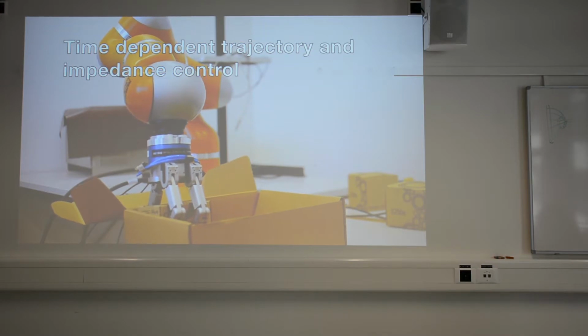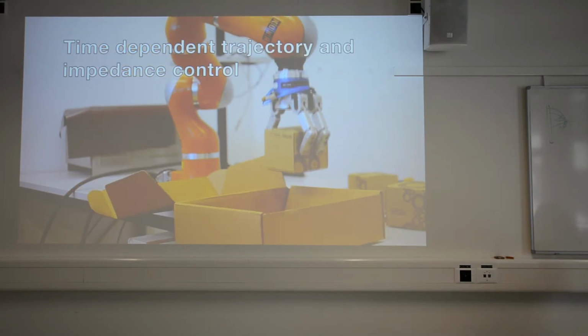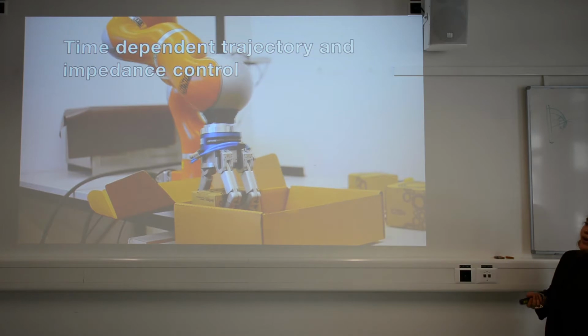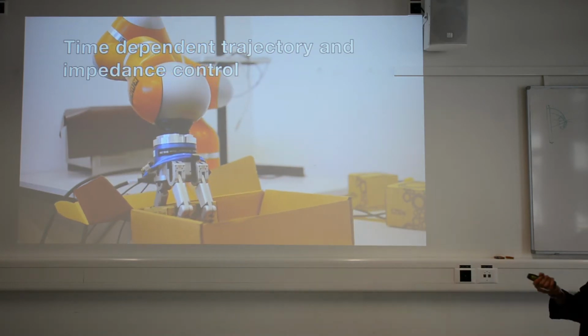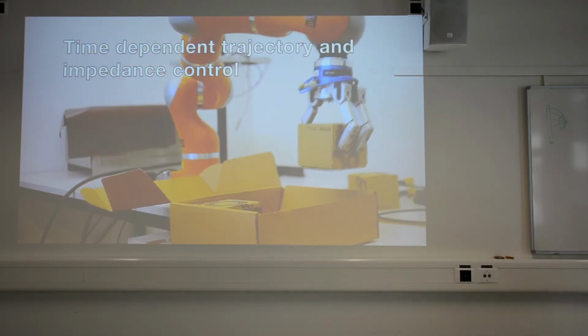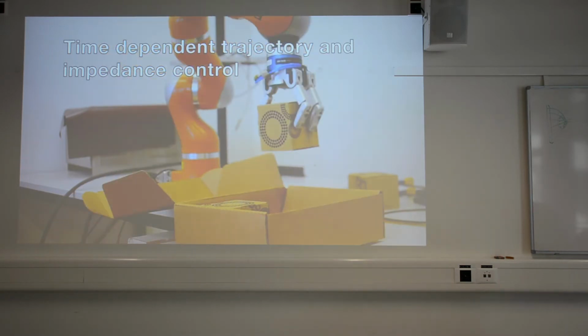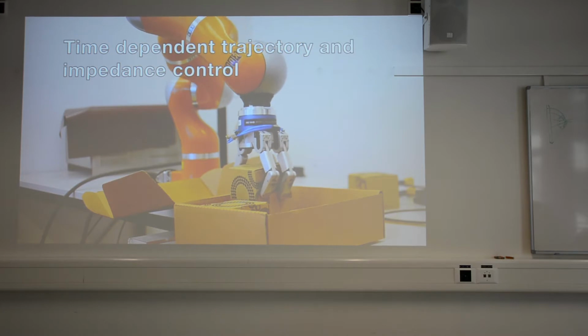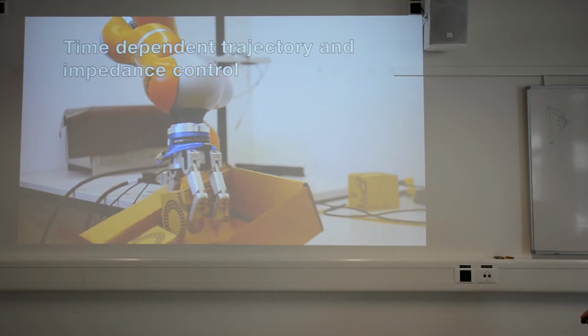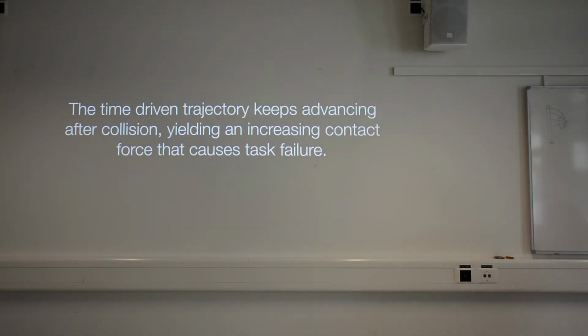First, you can see it's following a time-dependent trajectory towards the believed target, but since there's some uncertainty, the controller is not capable of stopping when it senses interaction forces, because it's not equipped to do that. You're just giving it the desired trajectory.